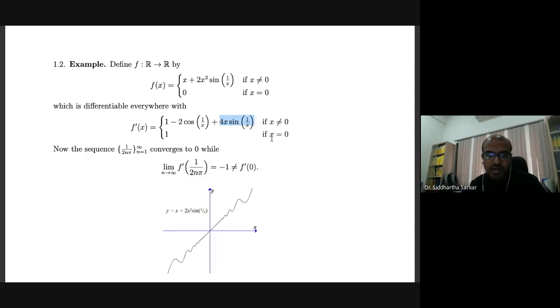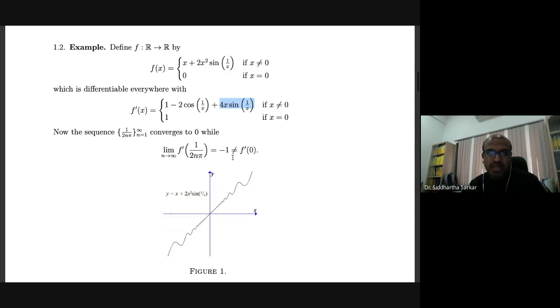So now let's look at this function. If I try to take this particular sequence, for instance, 1 by 2 n pi, at this sequence the second part would already vanish because it's sine. Okay, and then I would not have to bother about what x is.